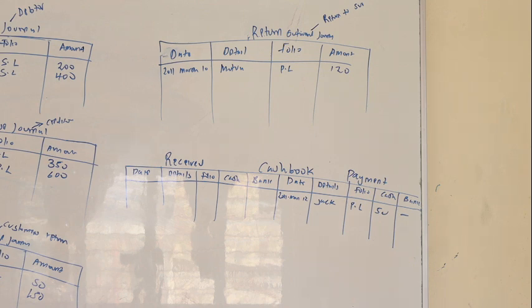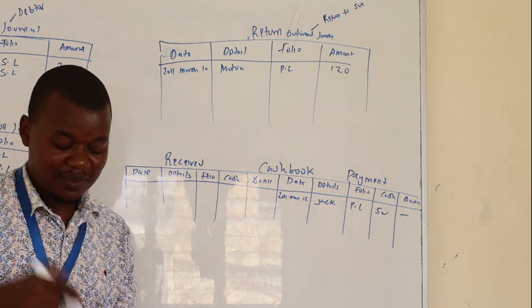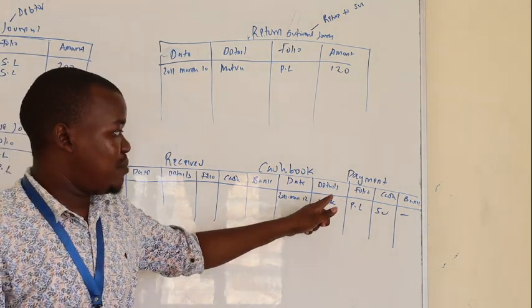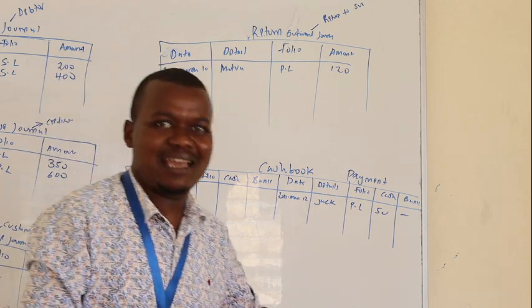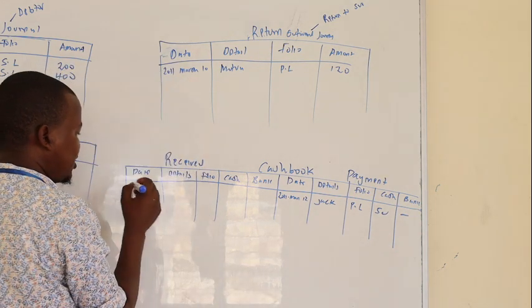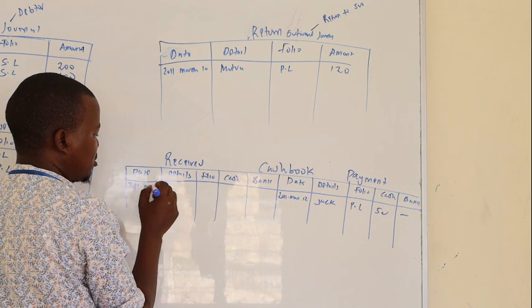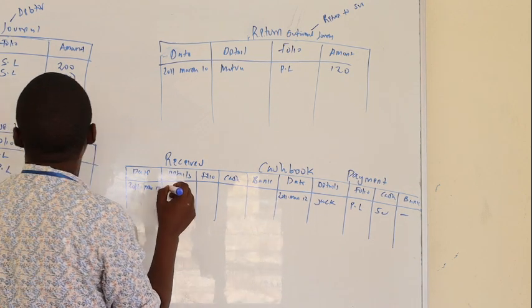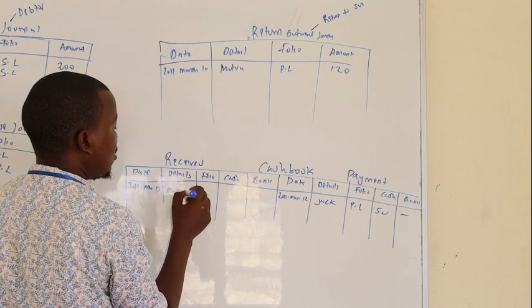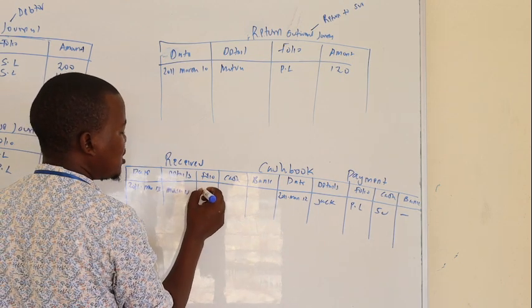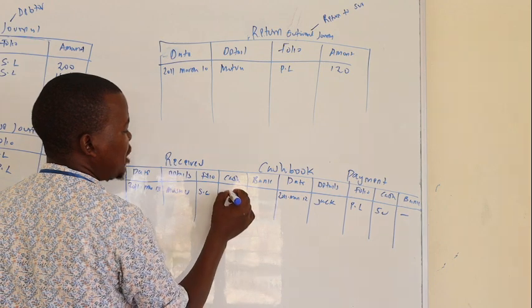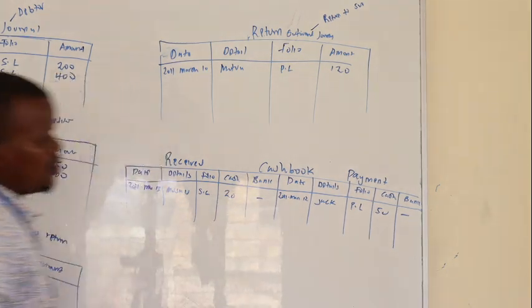Then tarehe 13th we received money from Musao, 20 shillings. So now a customer has paid. The previous example, we paid a supplier. Now we are receiving money. So on date 2011, March 13, Musao, who is in the sales ledger, ametulipa 20 shilling.